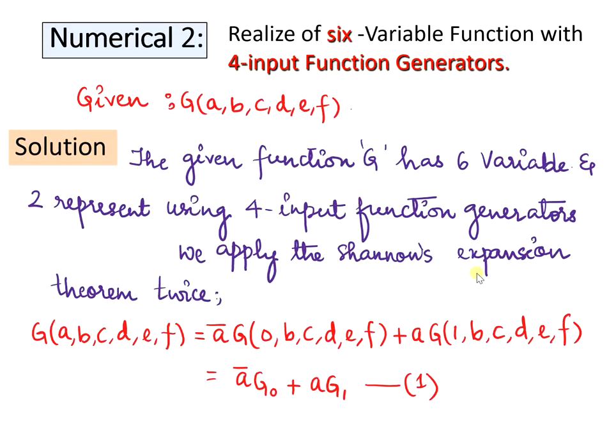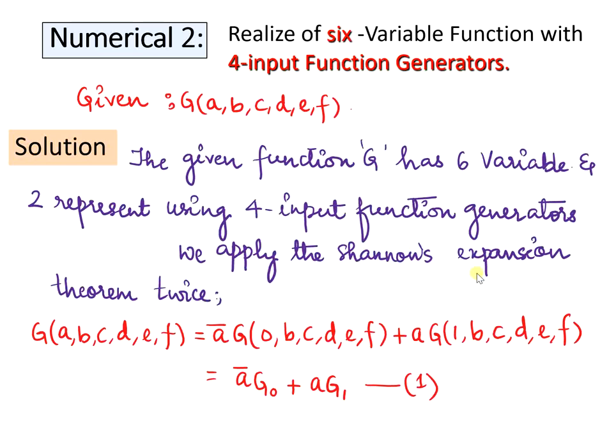Now coming to the second numerical, here they have specified that we need to realize a 6 variable function with 4 input function generators. Since this is a 6 variable function, we cannot represent it directly. So what we are going to do is apply Shannon's expansion theorem twice.